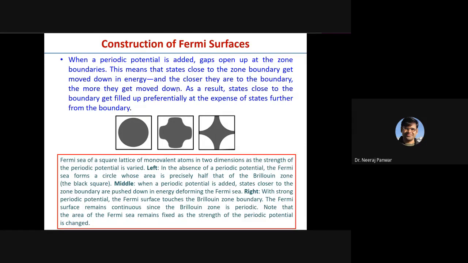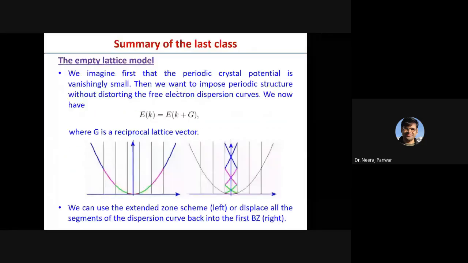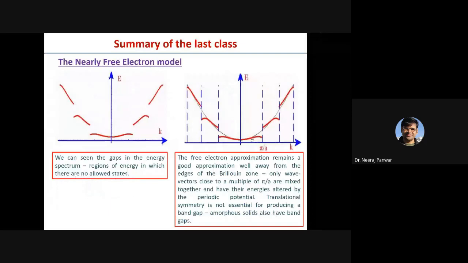For this, again, I need to show you this graph. So the states which are close to the boundary are moved down in energy, and in the second Brillouin zone, the states which are very close to the first Brillouin zone boundary are moved up in energy.